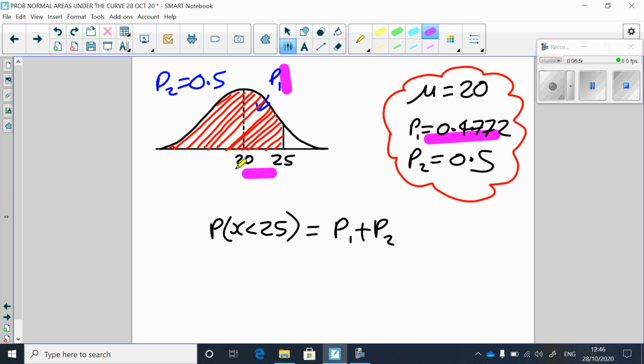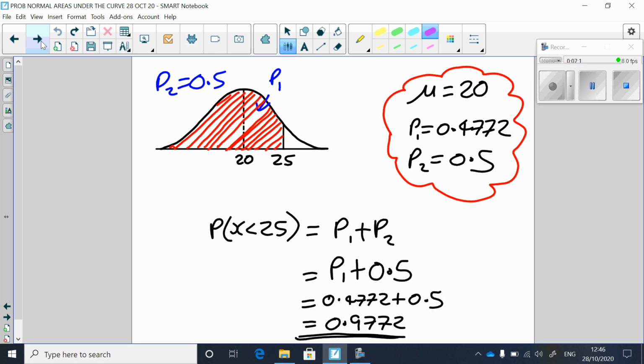And P2 is half the curve. So we're just going to add those: P1 plus a half. Get P1 in there, add them together, and that's our final probability.